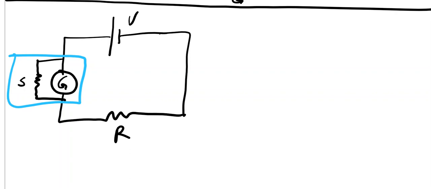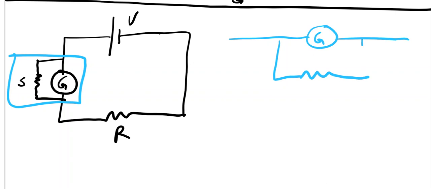Second problem: when you connect the galvanometer with a smaller value resistor, which is called a shunt, in parallel, whatever current is passing through the circuit will be divided into two parts. Part of the current will pass through the galvanometer, let it be Ig, and the remaining current, that is I minus Ig, will pass through the shunt.